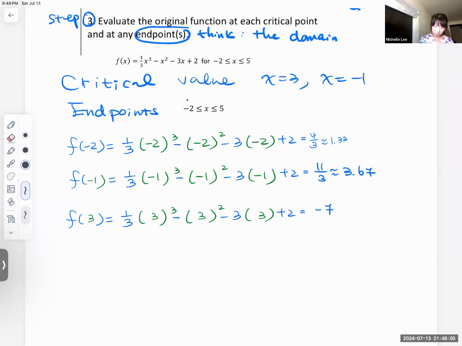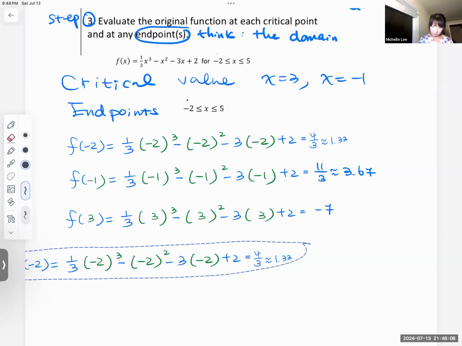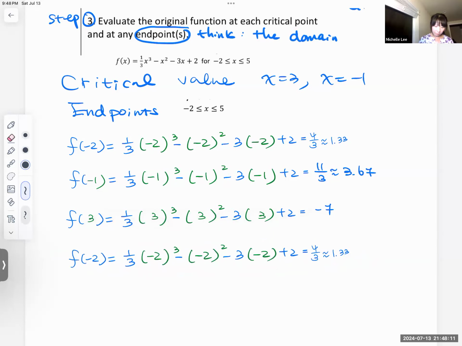Copy and paste. 5, 5, 5, 5, 5, 5, 5. Then we have, oh, the same 11 over 3. So this is 3.67.